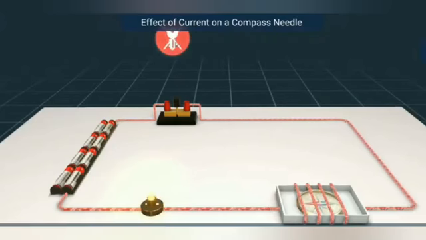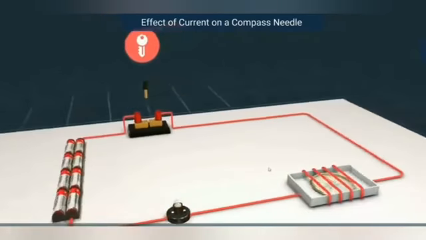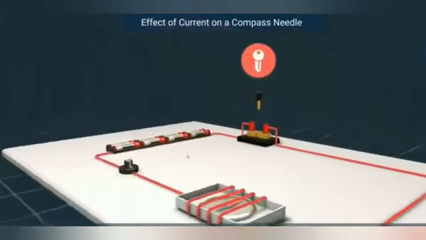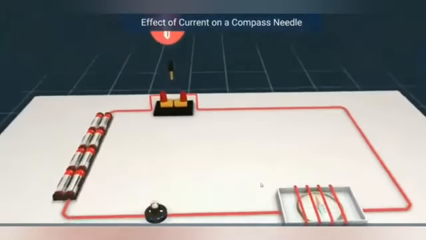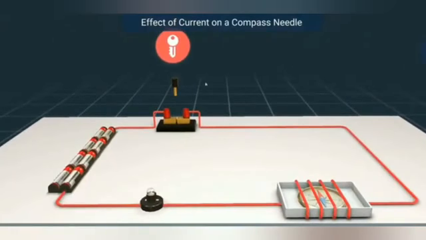This means that there is some magnetic field created around the compass when current is passing through. So, when electric current passes through a wire, it behaves like a magnet. This is the magnetic effect of the electric current. Thus, we find that electricity and magnetism are related.